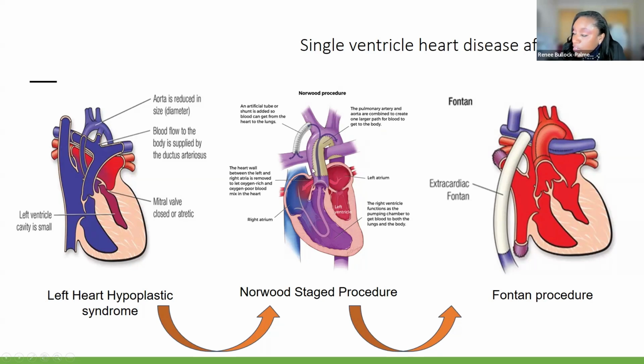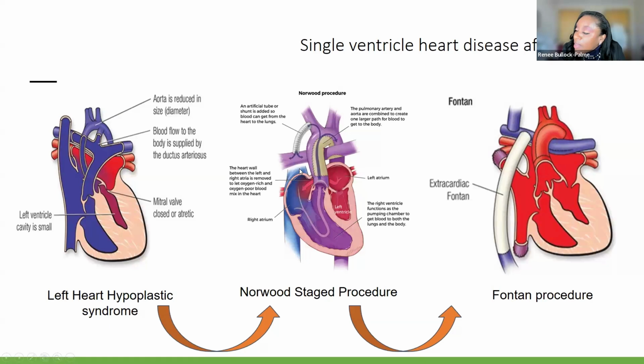With the Norwood stage procedure, there's reconstruction of that aorta, and then because the ventricle on the left side is so hypoplastic, it's really non-functioning. So that right ventricle becomes surgically borrowed to become the systemic ventricle.